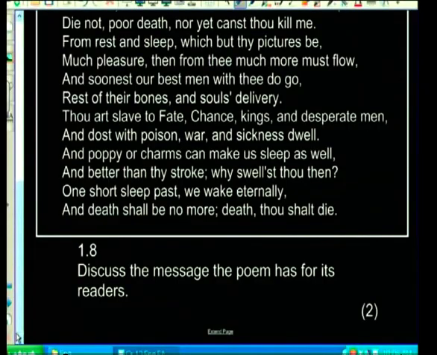1.8. Discuss the message the poem has for its readers. Now this you're going to do in your own words, and you need to justify your answer in terms of the poem. And generally the message is, what is John Donne saying to the readers? John Donne is saying to the readers, or the listeners, death isn't all powerful. There is life after death. We don't have to be scared of death.